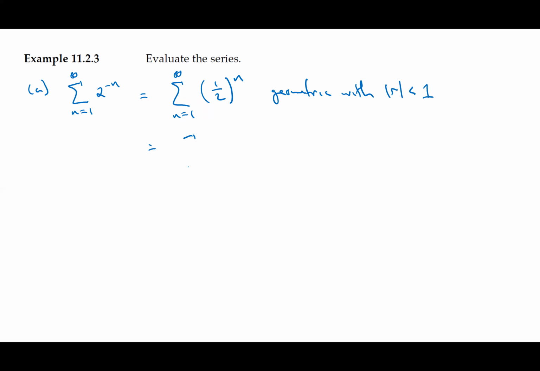But notice it's not quite in the right form yet. If I want it in the right form, I need to have that r to the n minus 1. And so if I factor out a 1/2, then I have that. And so we know that this is the limit. And so we have 1/2 over 1 minus 1/2, which equals 1. Okay. All right, let's try another one.